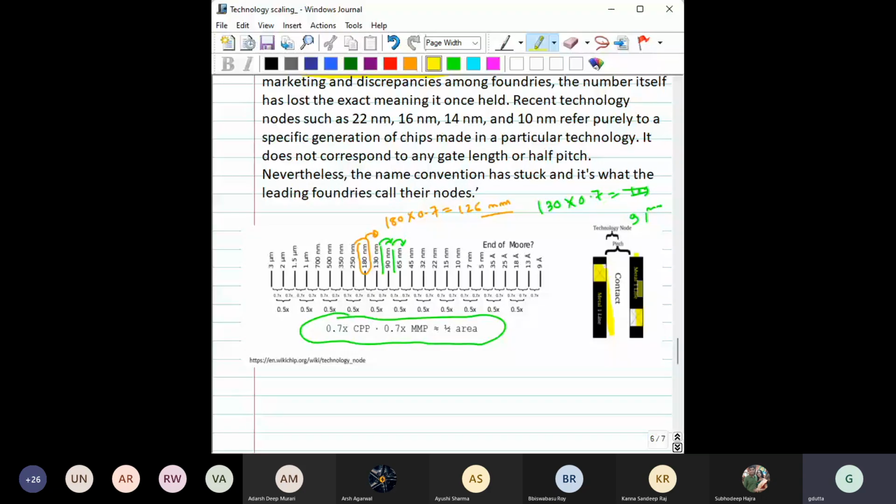What do you understand by metal layer 1? Think of so many MOSFETs at the ground level. They have to be connected with each other through some metal lines. That is called metal layer 1, right?